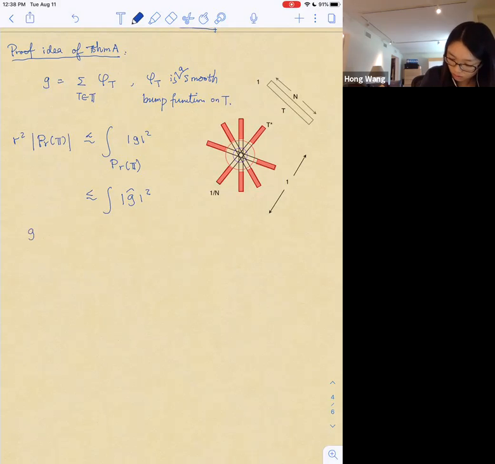Since the Fourier transform of G is the sum over the Fourier transforms of phi T, we start by studying phi T hat.